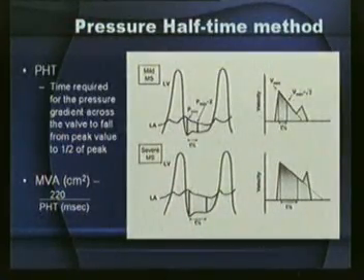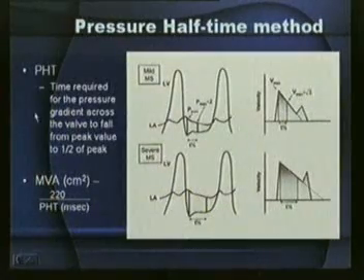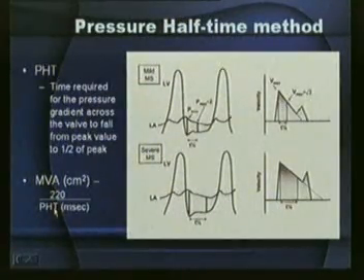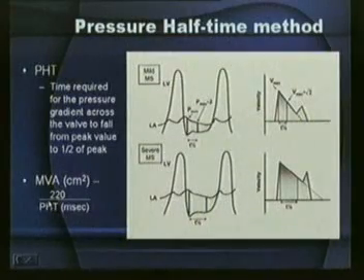They first defined what is pressure half time, and this is the time required for the pressure gradient across the valve to fall from peak value to half of this value. And this, by a formula 220 upon PHT, gives you a mitral valve area. This is peculiar to mitral valve, and this has been done extensively by studies by the engineers. And so you can find out.